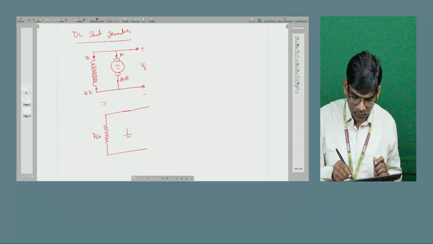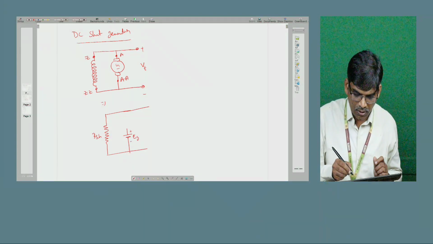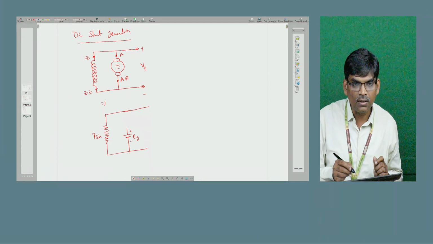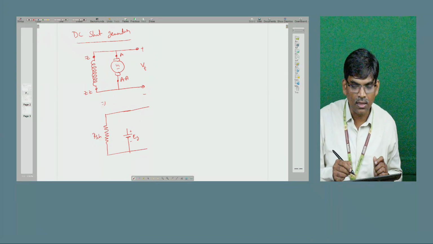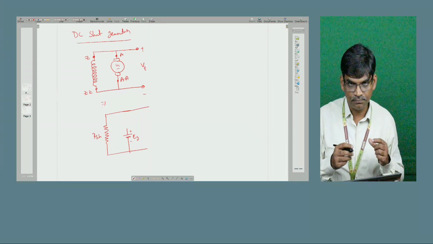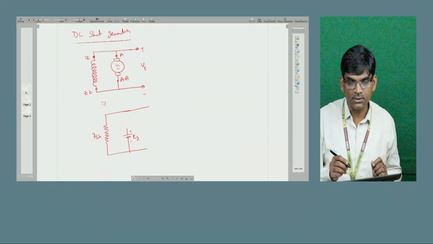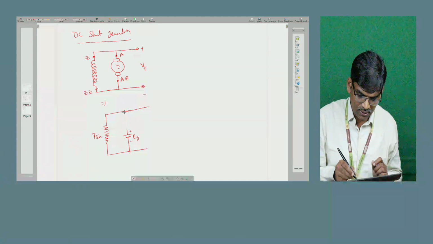Because while rotating it cuts the magnetic flux and develops the voltage. This winding is the power winding compared to the shunt field winding. It has a high cross-sectional area and good conductors, and it has fewer turns. That's why it offers very low resistance. So that is connected in series with the source.